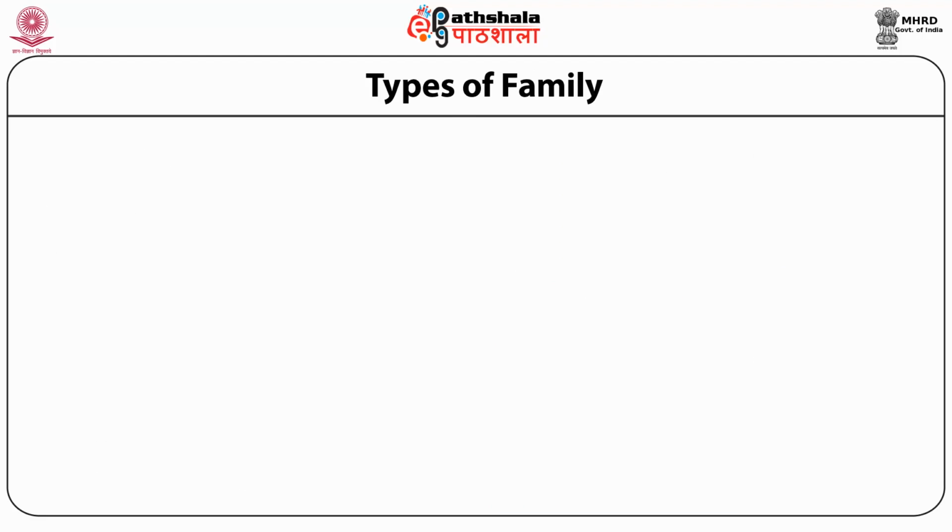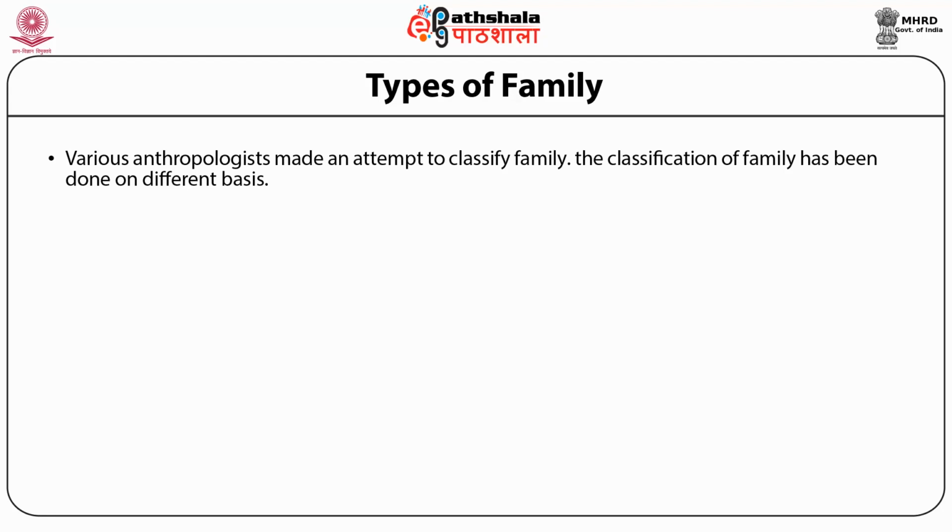Types of family. Various anthropologists made an attempt to classify family, and the classification of family has been done on different bases. Family is a universal social group. Its variables, forms, structure, or types differ from society to society.